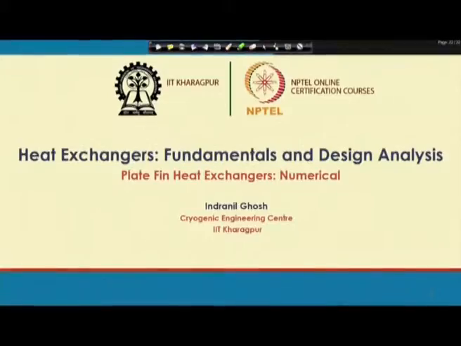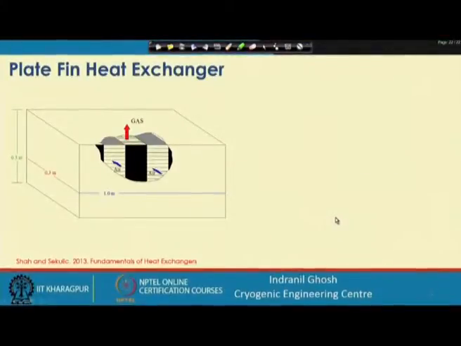This heat exchanger configuration has been taken from the book by Shah and Sekulic, Fundamentals of Heat Exchanger Design.